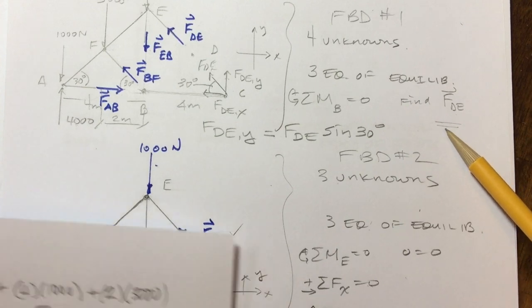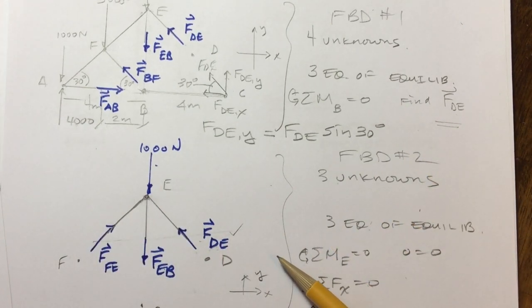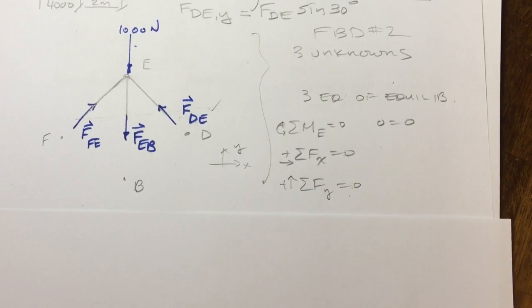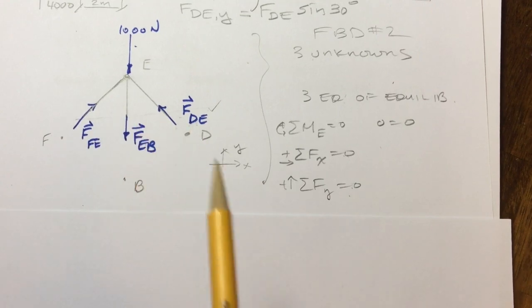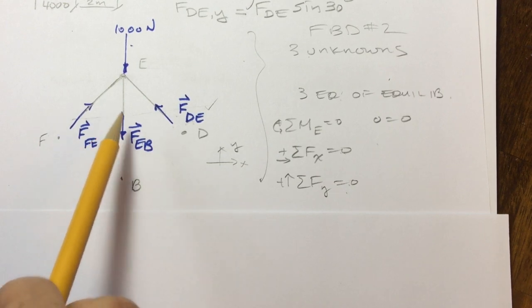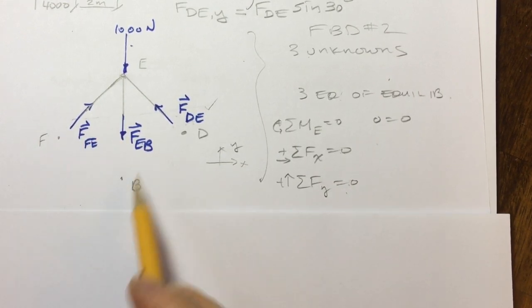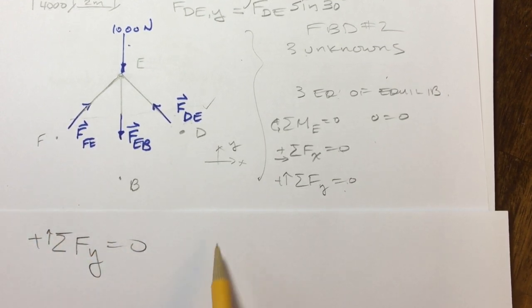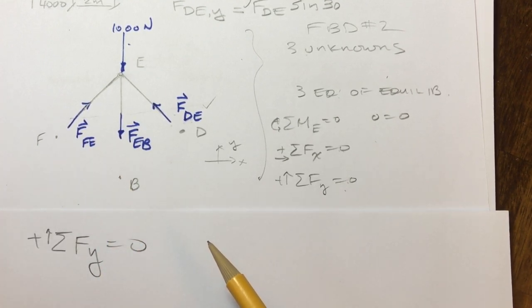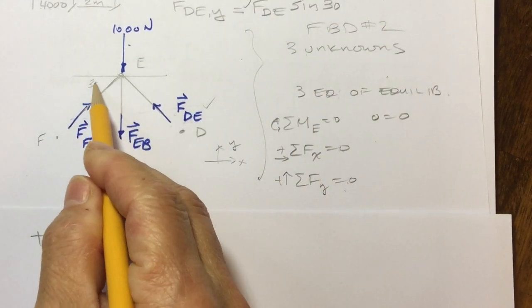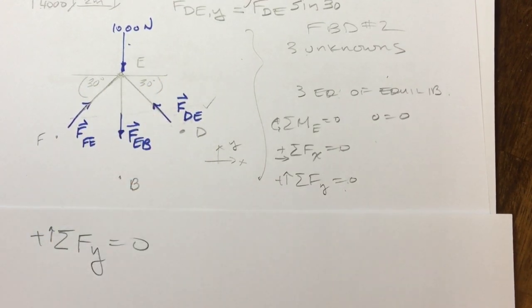We're going to take that value and use it in the analysis of free body diagram number 2. So let's see what that looks like. Let's not forget, we're trying to find what the force is in member EB. So we'll do the sum of the forces in the y is 0. And just some geometry: this is actually 30 degrees, 30 degrees.